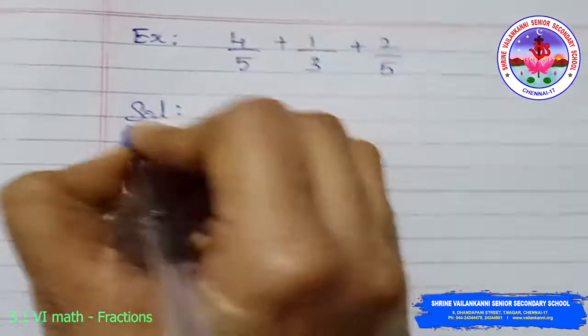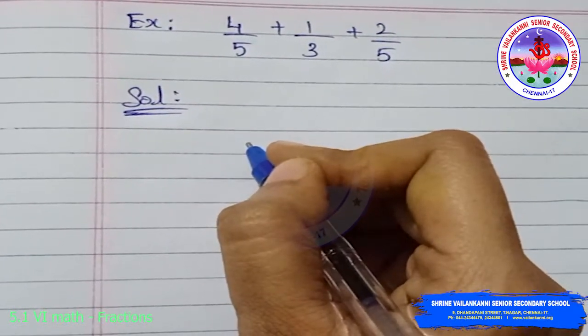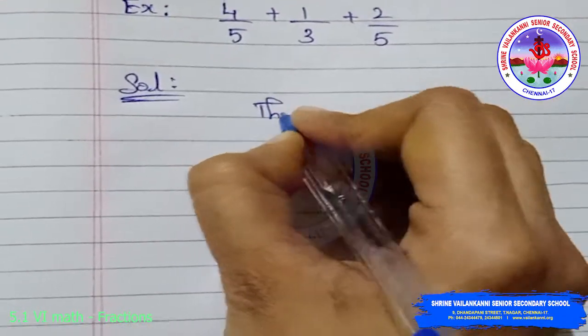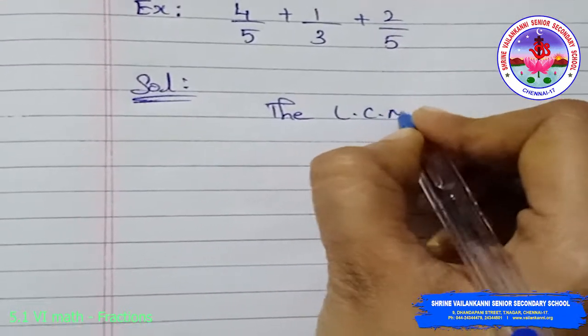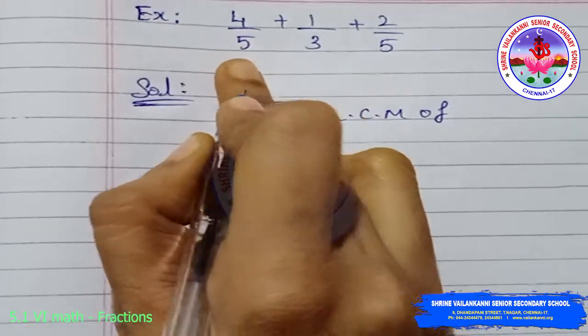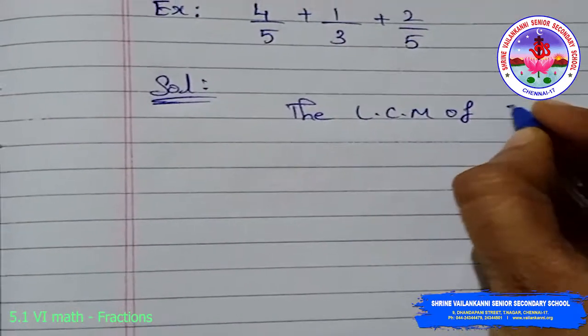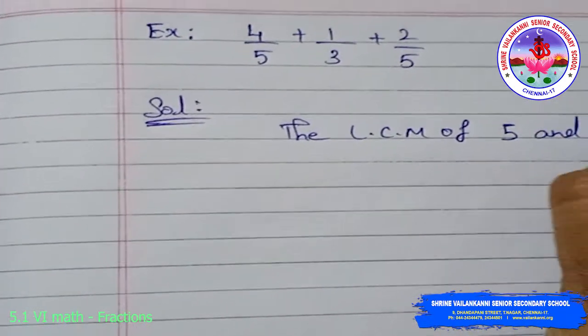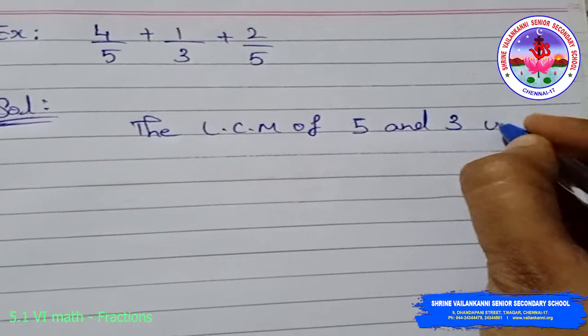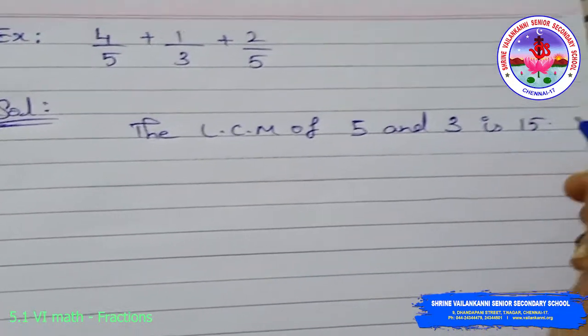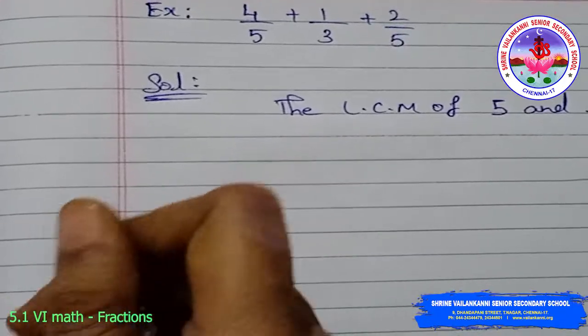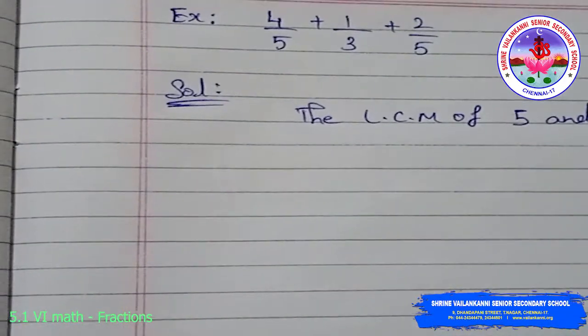Solution. First taking the LCM. Here the denominators are 5, 3, 5. So the LCM of 5 and 3 is 15. The LCM is 15. Next, convert to equivalent fractions.